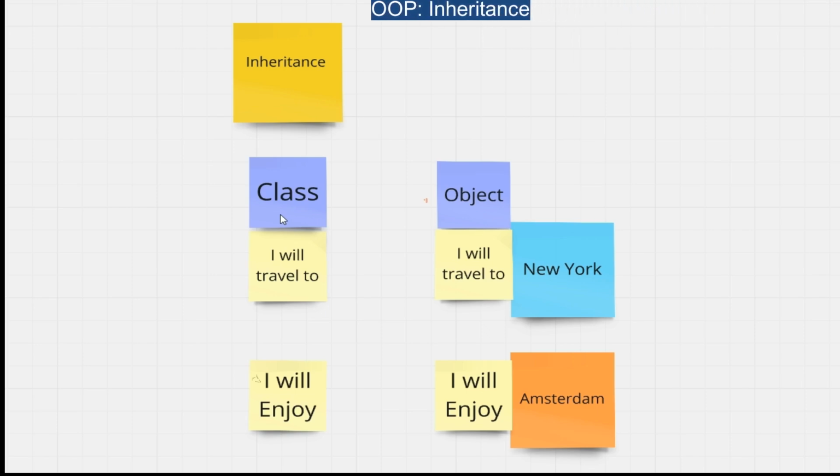In object-oriented programming, there are some concepts that facilitate efficiency and reusability, like inheritance. Now I have a class, as we discussed before. This class contains a statement, I will travel to. It is printing this. If I would like to create another class, which will be I will enjoy, then I inherit from the first class to the second class.